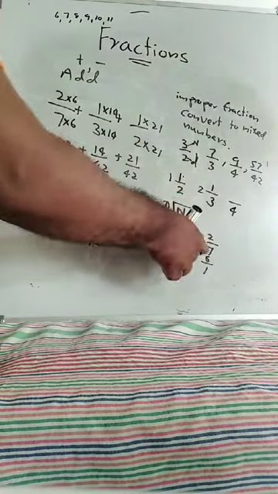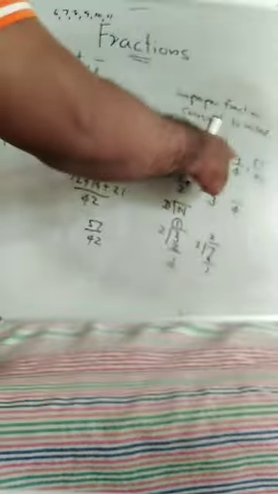Now you can write directly without writing this: when 9 is divided by 4, 2 and 1 remain. Here, 57 with denominator 42: 57 divided by 42, 1, and 15 remain, so 15 upon 42. Then the answer is 1 and 15 upon 42. This is how we convert an improper fraction to a mixed number.